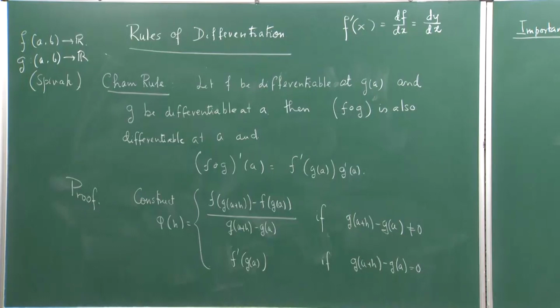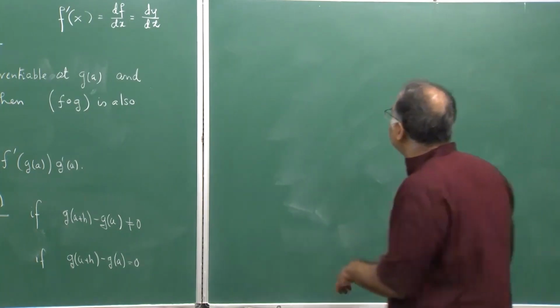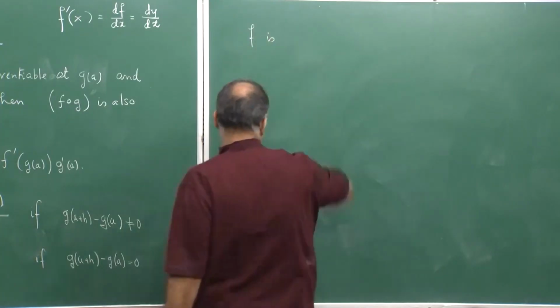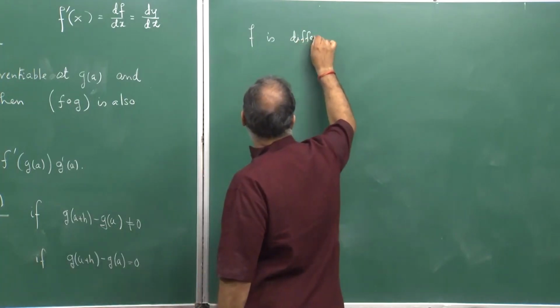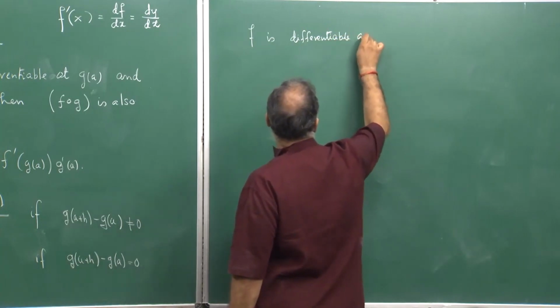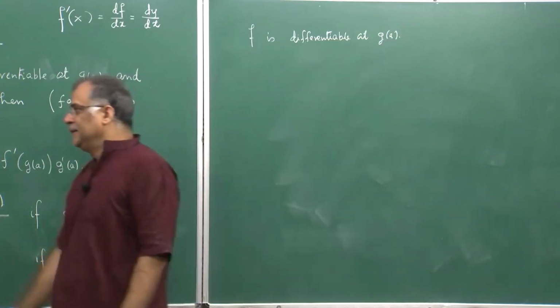Whatever we have just said, that phi is continuous at 0, was just a brief idea, but we will now prove that phi is actually continuous at 0, very step by step. So, f is differentiable at G(A).